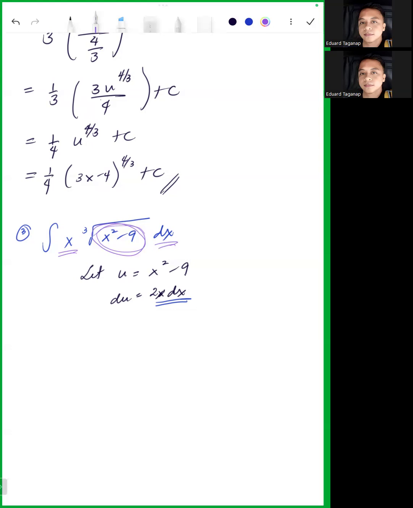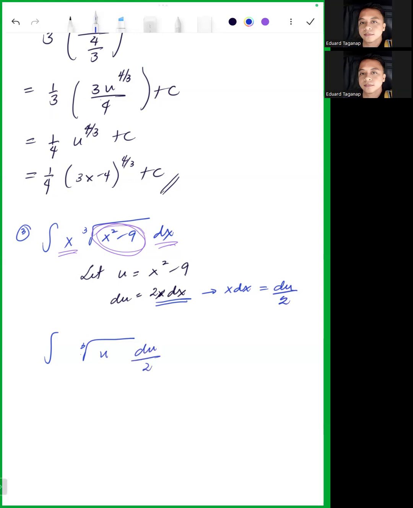Now let's do that. We have the integral of the cube root of u, and x dx is equal to du over 2.